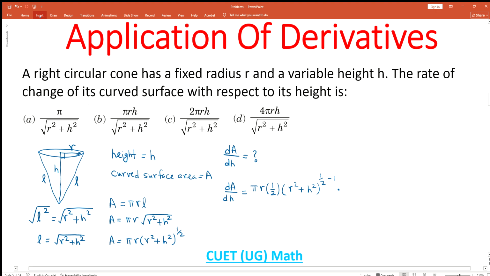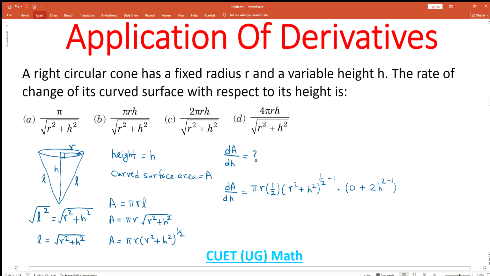Since r is a constant, the derivative of r square is equal to 0. We can find the derivative of h square with respect to h using the power rule. We move the exponent 2 to the front of the term and subtract 1 from 2 in the exponent. This is the derivative of the area equation.